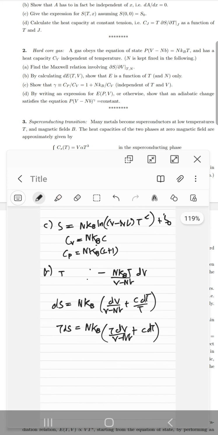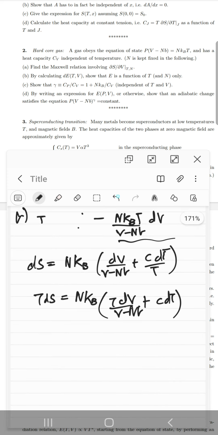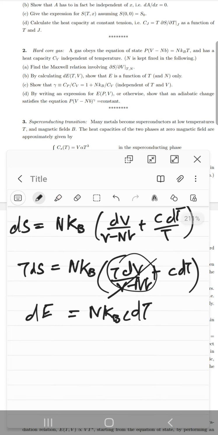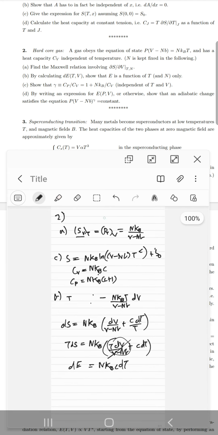Amazing. And so this minus this stuff now, look at this stuff, this is exactly just that, so it cancels. So what do you have? You just have that dE is exactly just nkB C dT, and that implies that the energy does not depend on the volume somehow.